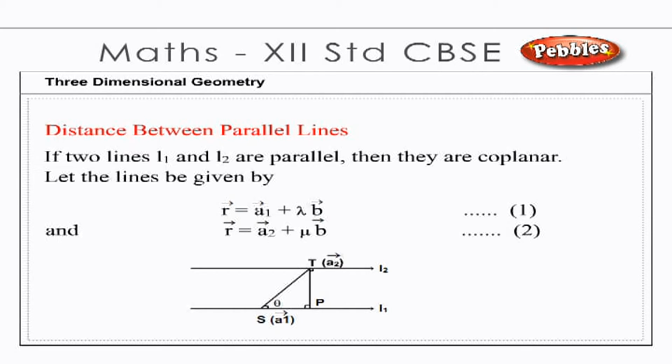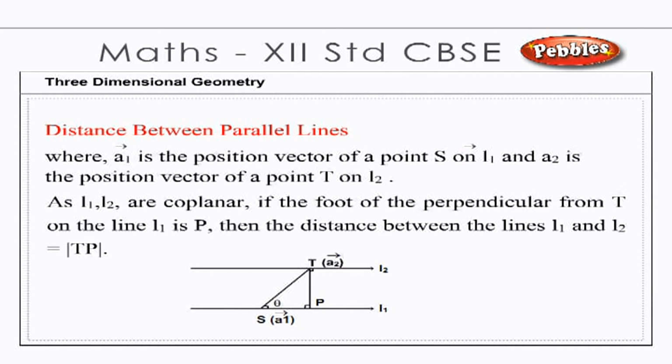Distance between parallel lines. If two lines L1 and L2 are parallel, then they are coplanar. Let the lines be given by r vector is equal to a1 vector plus lambda b vector, equation 1, and r vector is equal to a2 vector plus mu b vector, equation 2, where a1 is the position vector of a point S on L1 and a2 is the position vector of a point T on L2.